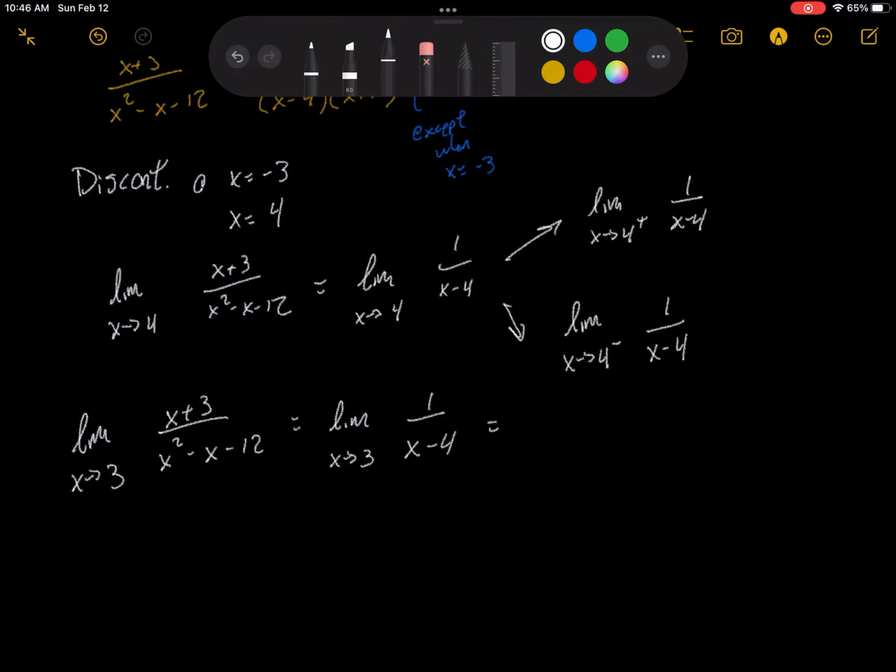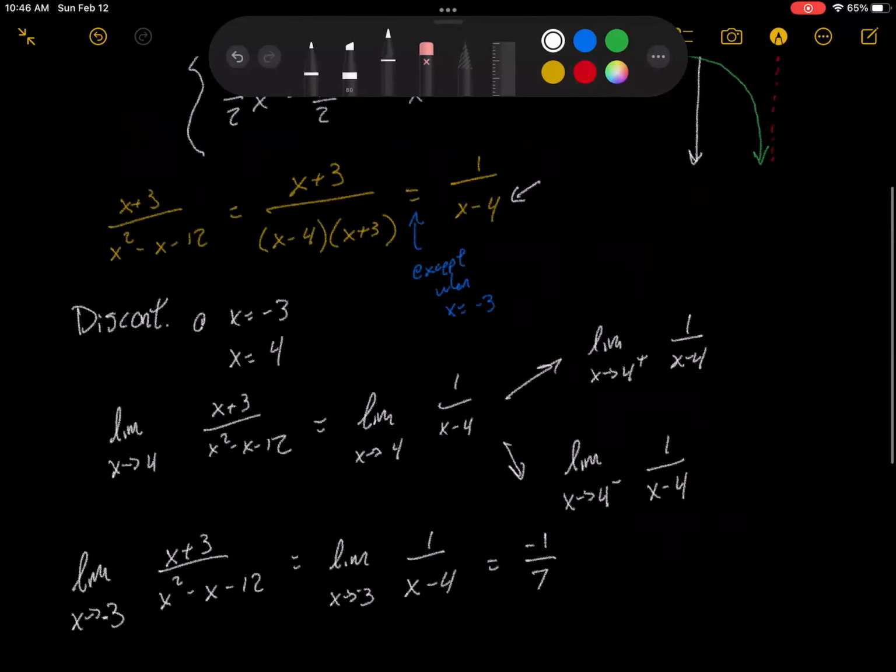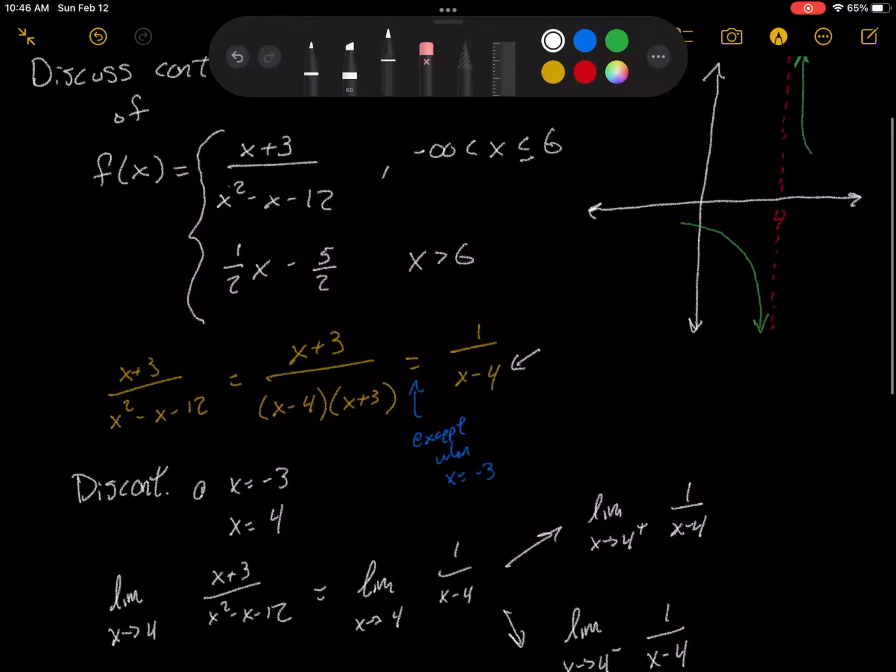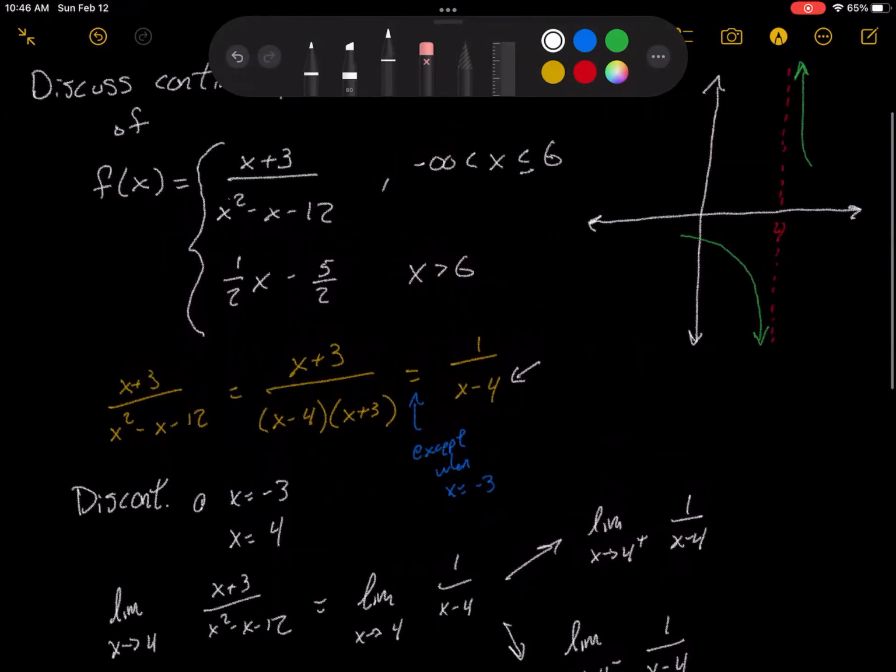Here, I have no problem directly substituting. If I send x to, oh, sorry, not positive 3, negative 3. If I send x to minus 3, I have a minus 3 minus 4 gives me a minus 7. So I end up with a minus 1 over 7 there. So here, my limit does actually exist.